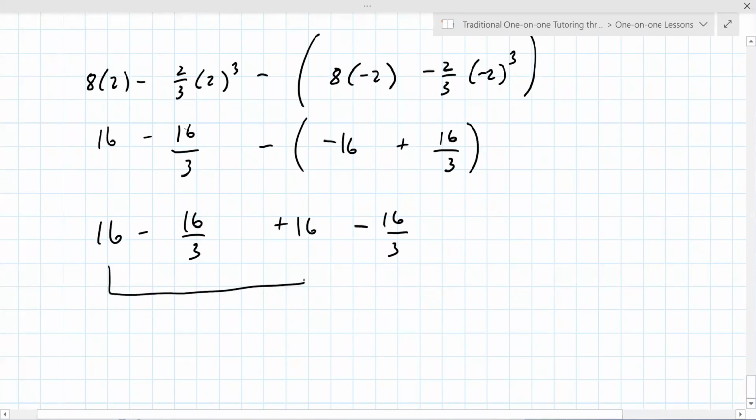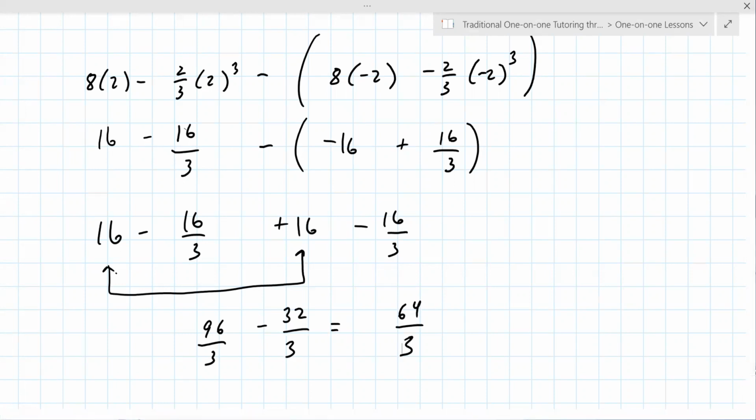I would do it this way. You've got two whole numbers here, 32. And then I would put that over 3. So it becomes 96 over 3. Because they're minus 16 over 3. But there's two of them, so it's 32 over 3, which gives you 64 over 3. Okay. It's just the fractions. It takes so much work. Yeah, they're awful. They're awful.